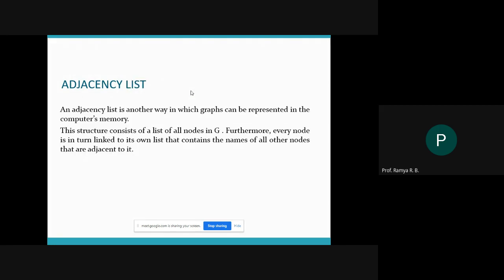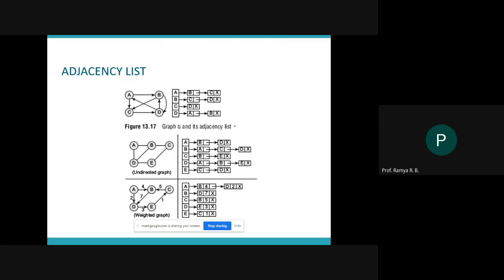Now, the second kind of representation is adjacency list representation. As I told, it is implemented using a linked list. You can see there are 3 different types of graphs shown over here and their corresponding adjacency list representation. What are these? These are the vertices in your graph, right? A, B, C, D are the vertices in your graph. For every vertex, you have a linked list associated with it.